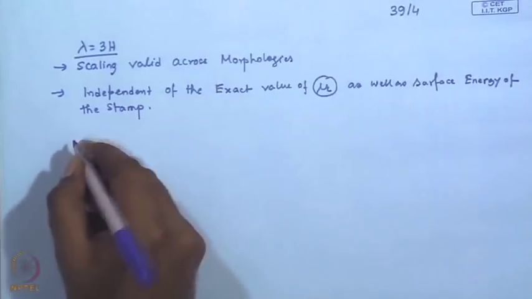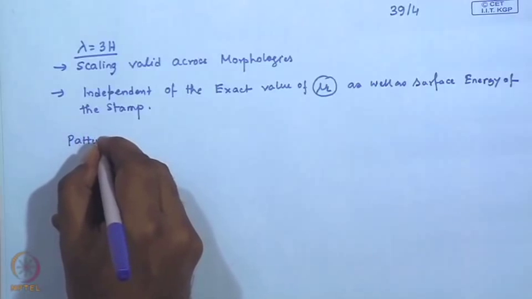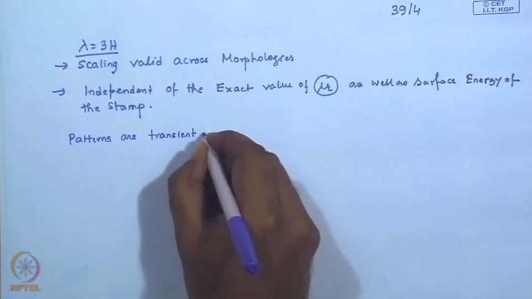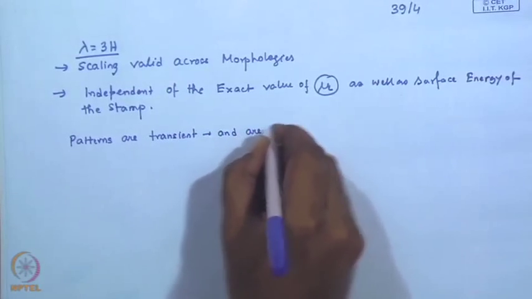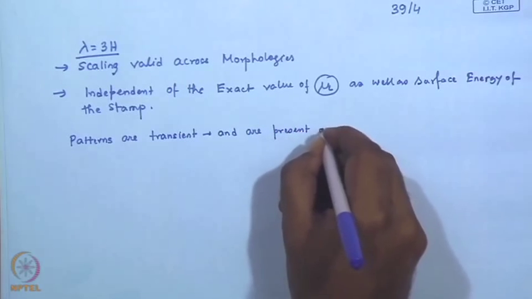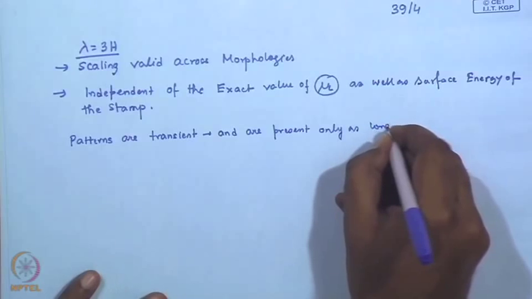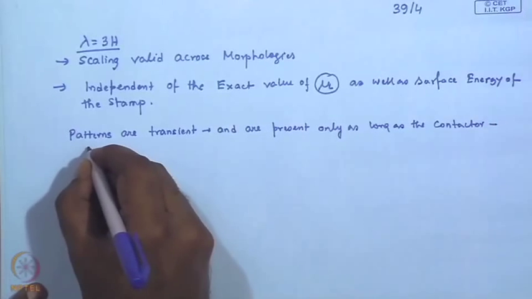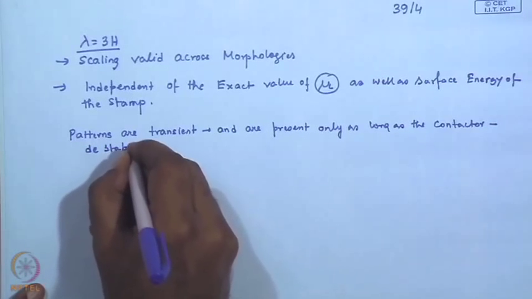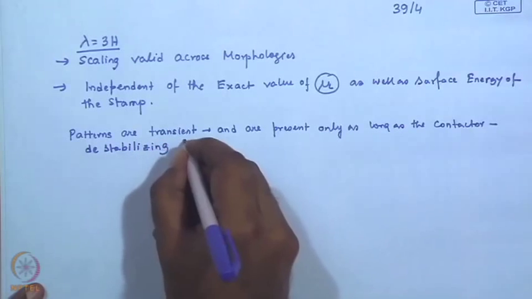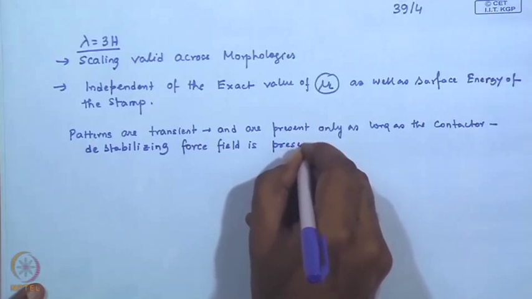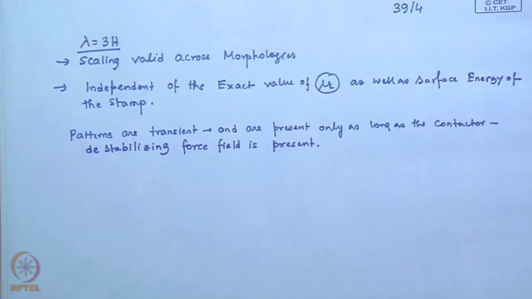So, therefore, the patterns are transient and are present only as long as the contactor, which essentially signifies the destabilizing force field, is present. Okay. Once the contactor is withdrawn, the patterns are again restored back to the original flat morphology.